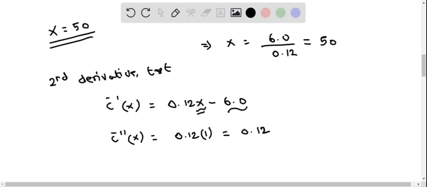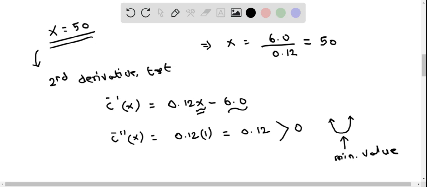This is always greater than 0, and it is also independent of x. So there is no need to plug the critical number into the second derivative test, as it's already greater than 0. If this is positive, then according to the second derivative test, the function is concave upwards. That is, at the critical point, the function gives the minimum value, the lowest value.